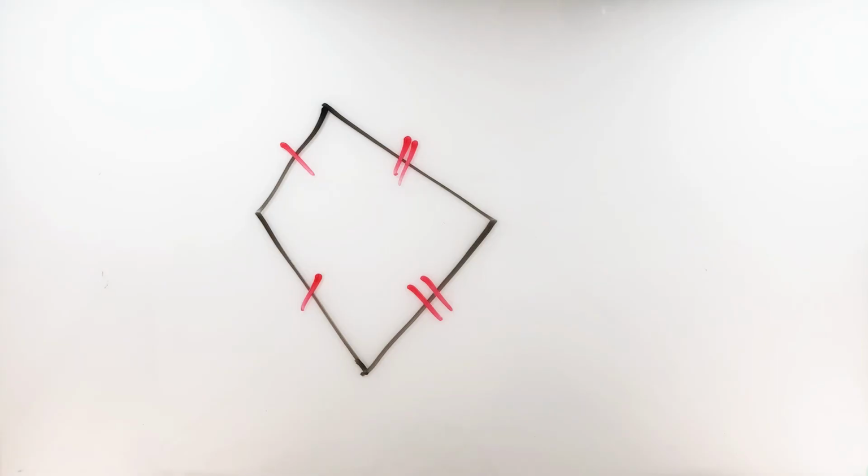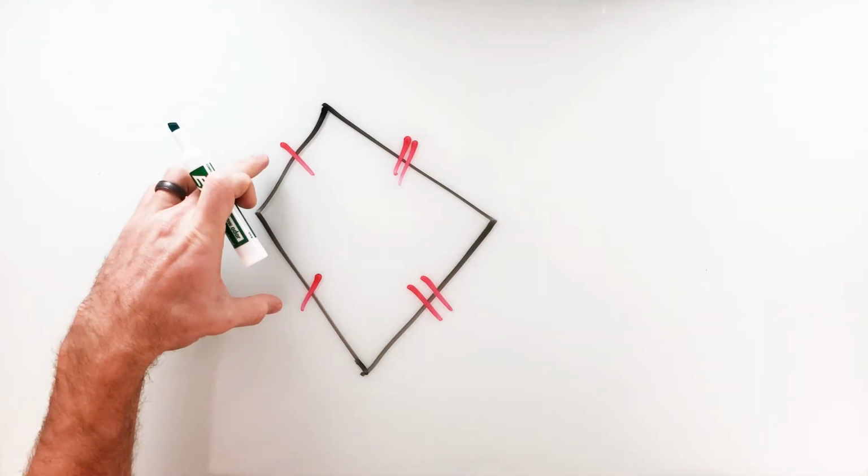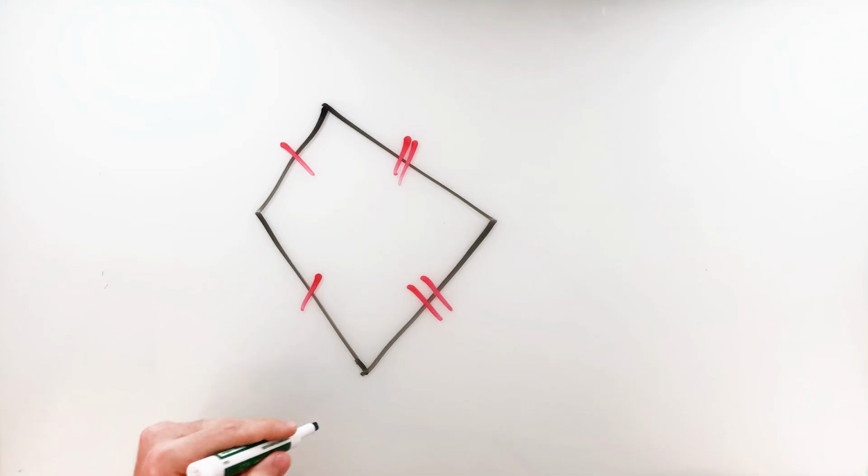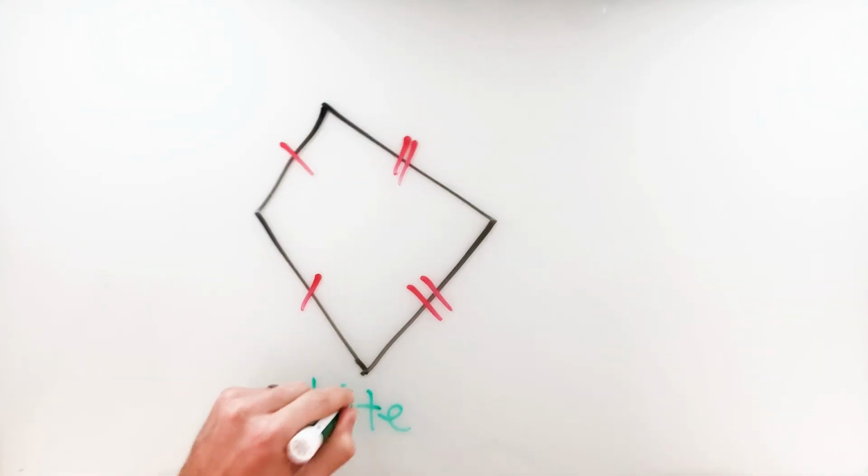So once again, think about what you know, cross-reference that with your definitions. If you do so, you should be able to tell pretty quick that this has no parallel sides, and without any parallel sides, I've only really got one option, well, two options. I could say it's just a quadrilateral, but because I have adjacent sides congruent to one another, two pairs, we can say that this is a kite. Okay, two pairs of congruent adjacent sides makes this a kite.